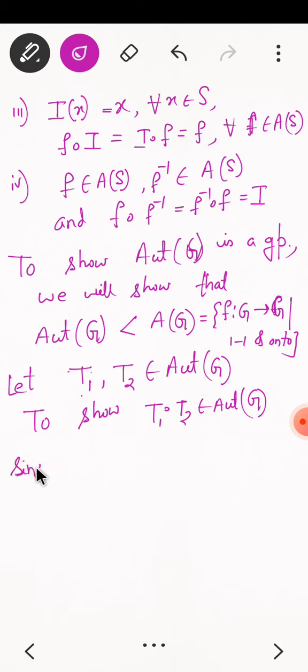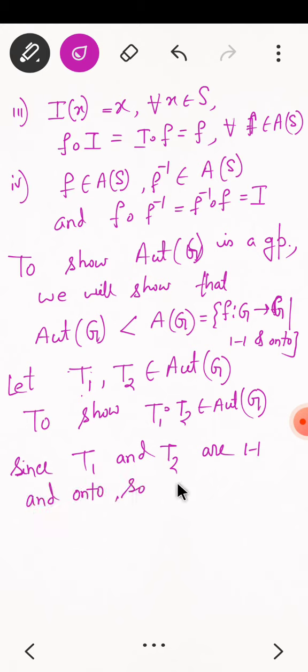Since T1 and T2 are one-one and onto, T1∘T2 is also one-one and onto. So next we show that T1∘T2 is a homomorphism.